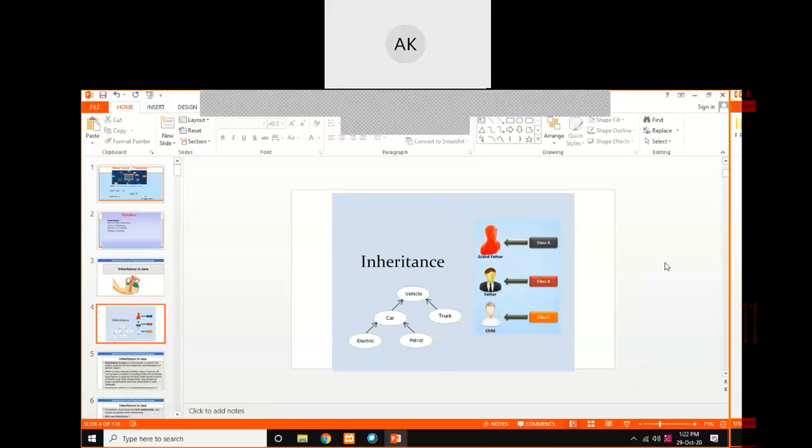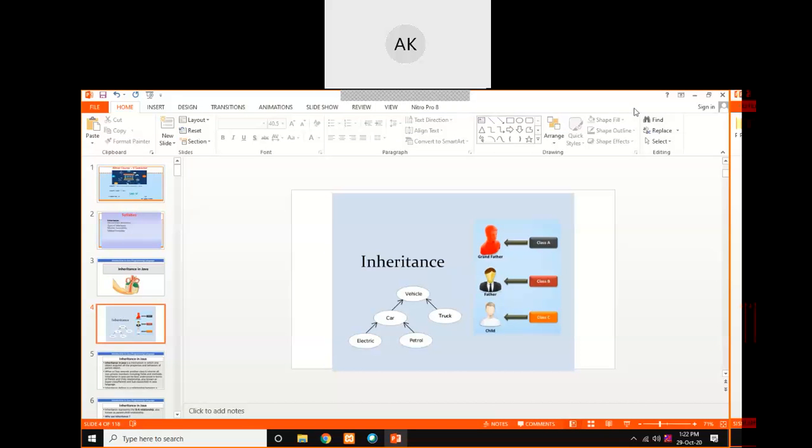So what we can say is whenever we talk about inheritance, it means that we are deriving something from something. Means there are a few things which are already existing, and from that existing thing we try to derive new things, right? And this phenomenon, deriving the new thing from the existing thing, is nothing but called inheritance.